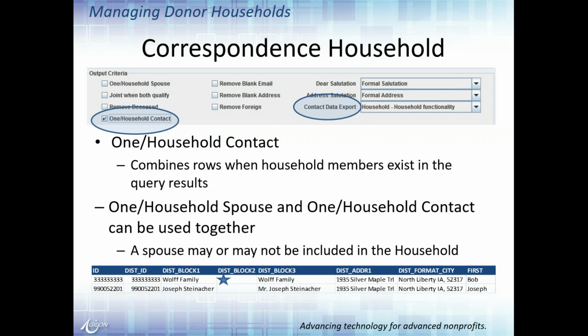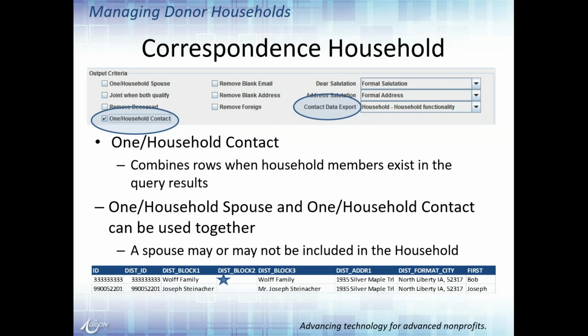It is possible that over time my child moves out of the house, and so she gets a new address, Emma gets a new address. I might want to keep her in my household. So even though the address changes, she's still part of my household. She'd still get combined into the Wolf family when we're doing the mailing.